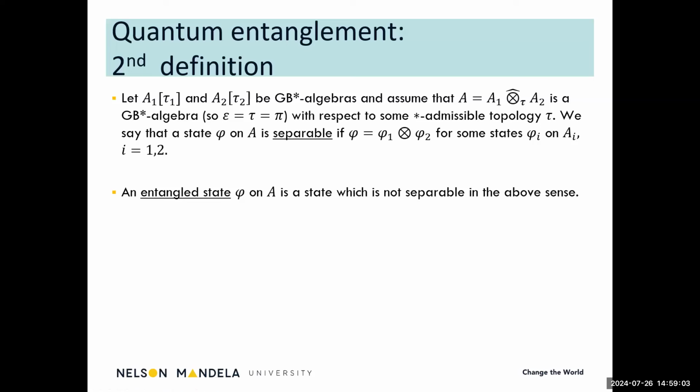And then an entangled state can be one which is not separable in the above sense. The second definition can be shown to be made equivalent to the first definition, but I don't think that the first definition implies the second definition.